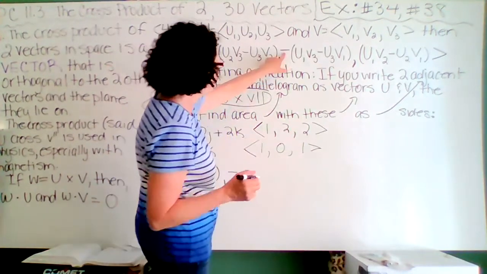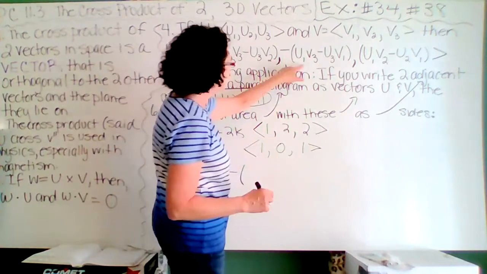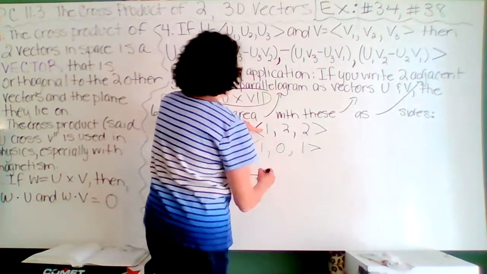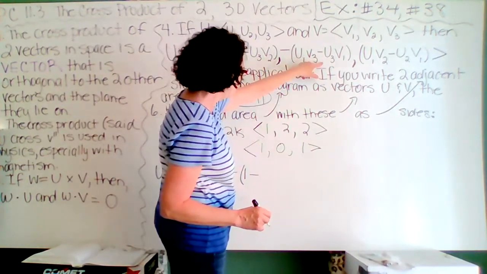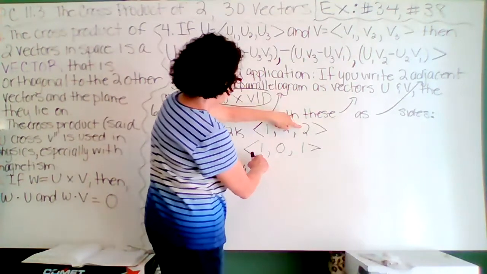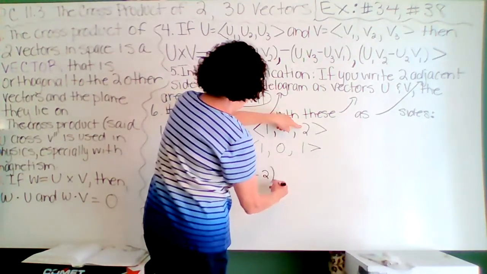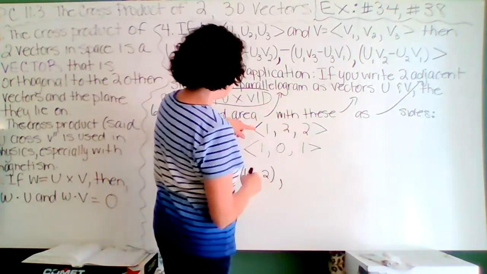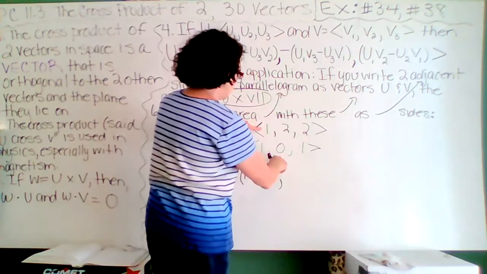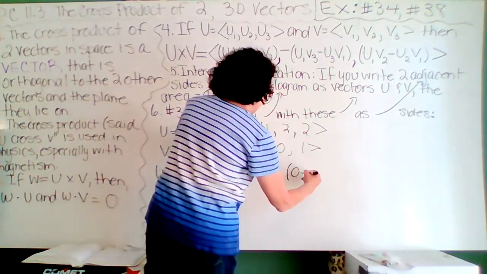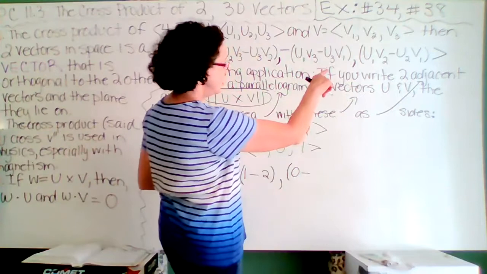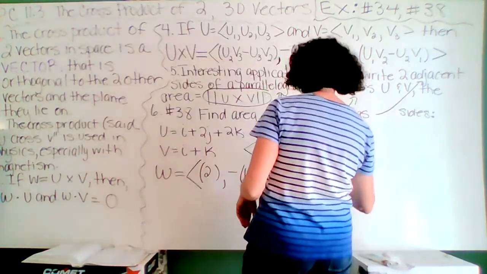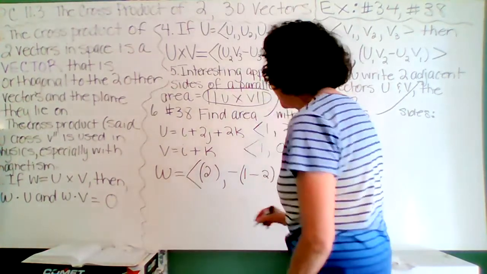Second component, minus u1 times v3. u1 v3 is 1, minus u3 v1. u3 v1. Last component, u1 times v2. u1 times v2 is 0, minus u2 times v1. u2 times v1. Well, these are much nicer numbers, aren't they?